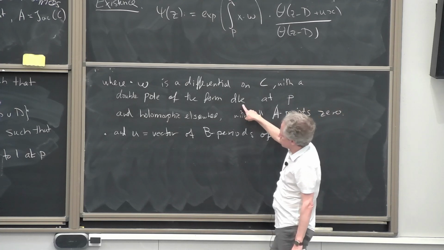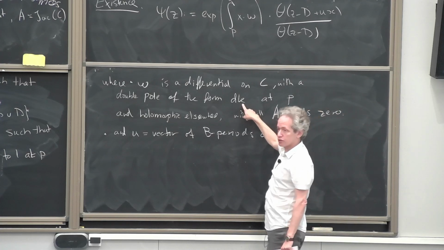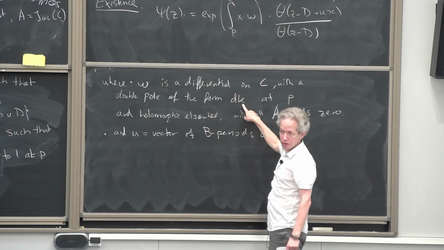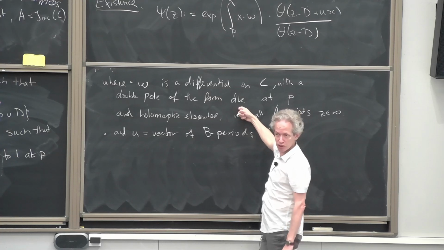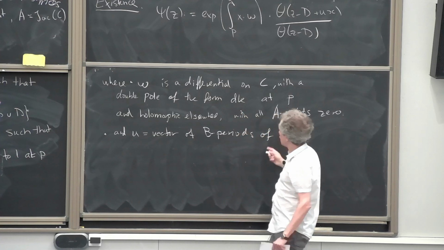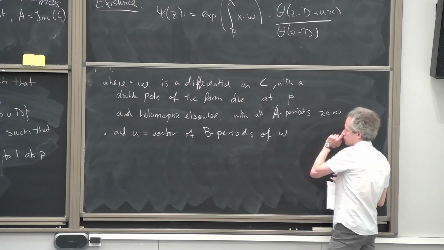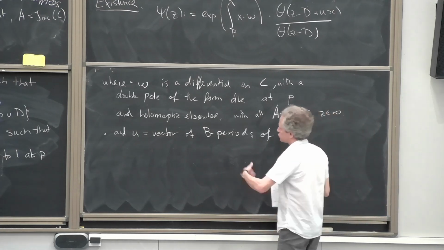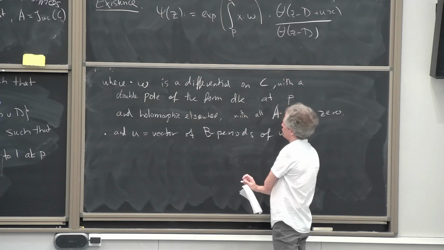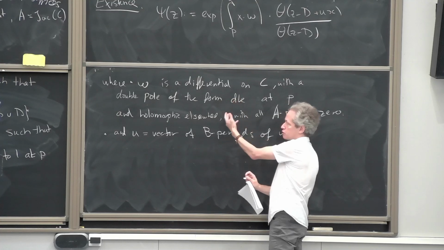Dk, what is this dk? This is like the differential dz on the Riemann sphere near infinity. So it has a double pole. Since I've prescribed the coordinate k, this fixes what double pole it is, right? And then you need to prove, this uses Riemann's bilinear relations, that there exists a unique differential with a double pole of prescribed kind with all A periods 0.